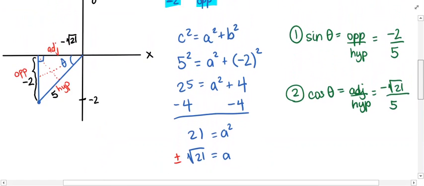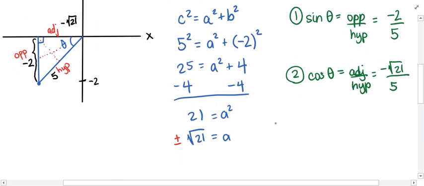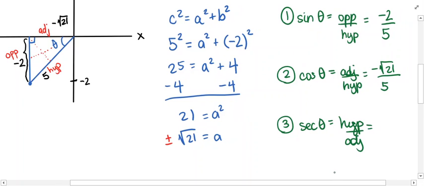All right, if we keep reading off of the triangle here, I'm going to move on. Cosine is associated with secant. The secant is basically the flip of the cosine. So this is going to be the hypotenuse over the adjacent side. If you just plug this in, the hypotenuse is 5.